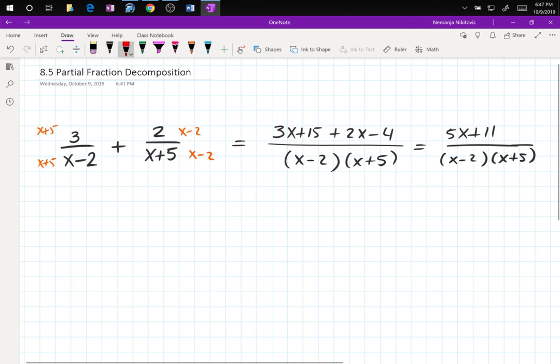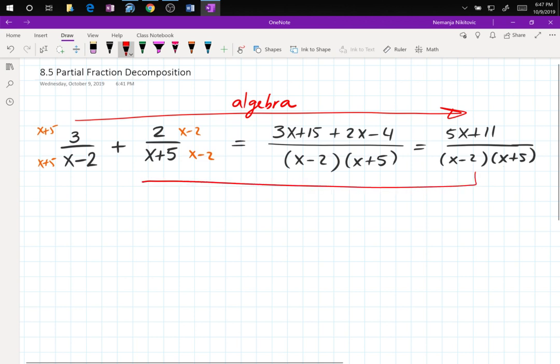And I'm going to put the arrow, when you do the problem this way, I'm going to call it algebra. Now, if you start here and you go there, it's going to be called partial fraction decomposition.